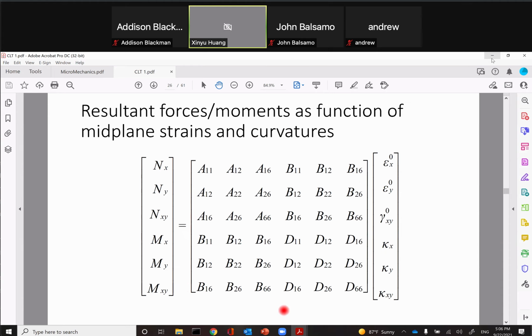Then you solve these linear equations and obtain this vector. Then you plug this vector back into your relationships. You can calculate the stress and strain in every layer. And then you can make a decision: at this external load, is the stress at this layer over its limit or not? You can make design decisions.